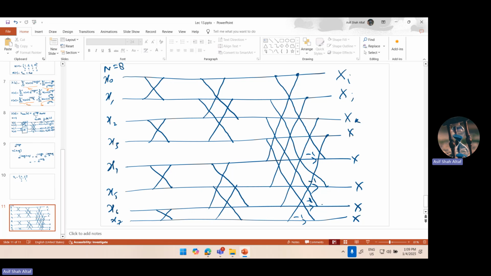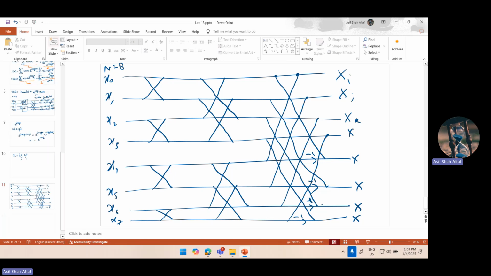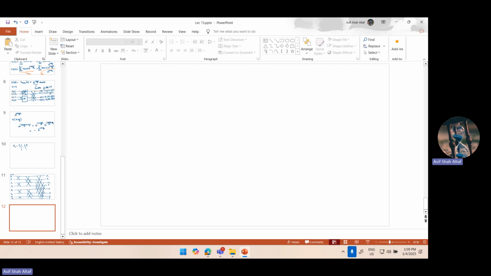Now, let's see what is the advantage of doing this. Why do we divide and compute each section separately? That is obvious when we compute the complexity of the fast Fourier transform. For the fast Fourier transform, we initially split the n point DFT into 2 n by 2 point DFTs.